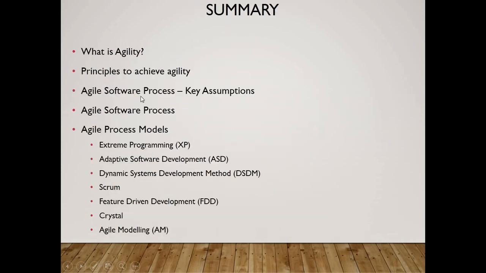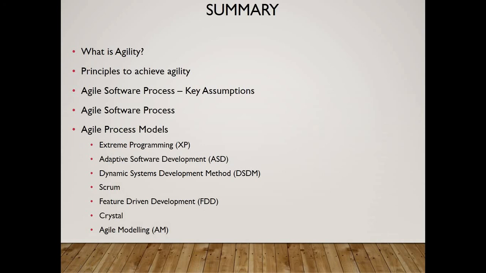This is the summary of our second unit, Agile modeling. In it we discussed what agility is and the principles to achieve agility. After it, the Agile process and its key assumptions. After it, we discussed the Agile software process, and in the last we discussed different Agile models. We started with extreme programming, the most used model for Agile. After it, we discussed ASD, adaptive software development.